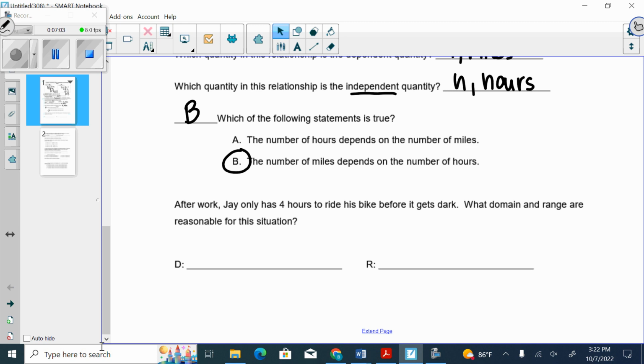Good. Okay. Then the last thing they want us to do is come up with the domain and range for this scenario. So it says, after work, Jay only has 4 hours to ride his bike before it gets dark. What domain and range are reasonable for this situation? Okay, so if he has 4 hours to ride, that's the most he can possibly ride for, right? What's the least he can ride for?